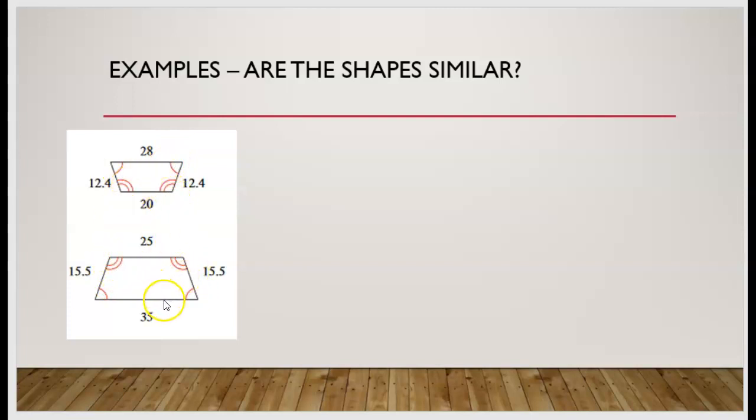And then in order to test it, we want to set up some ratios and proportions. Remember, a ratio is just a fraction. And a proportion is two fractions set equal to each other, like 1/2 equals 2/4. That's a proportion.